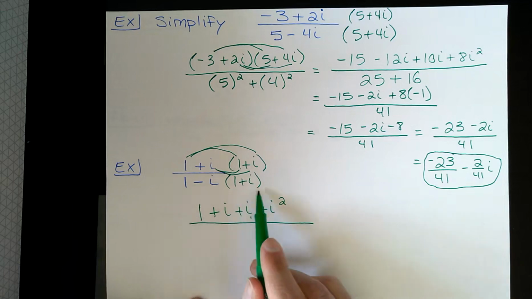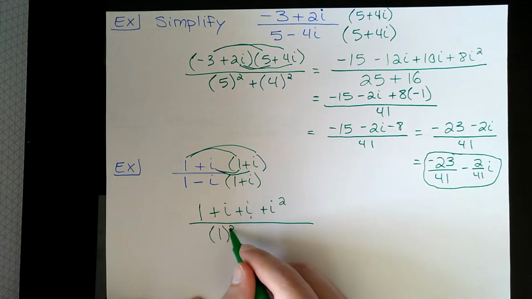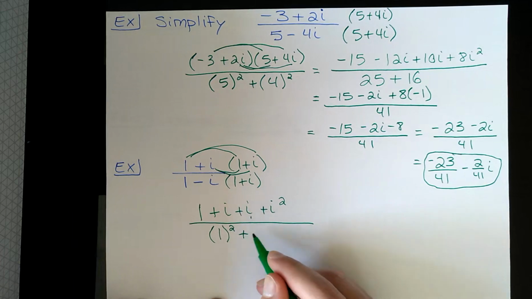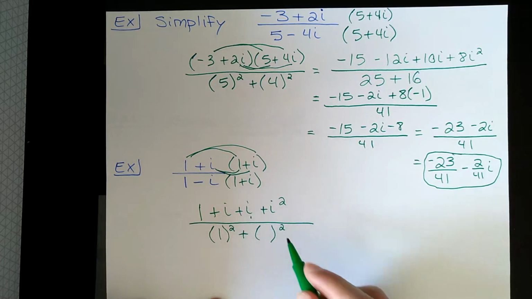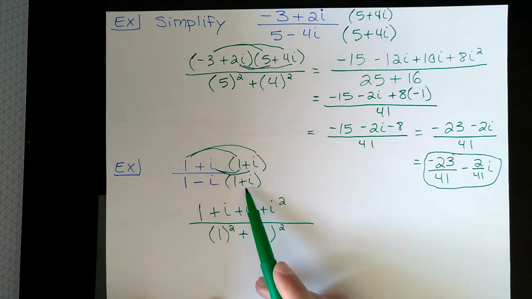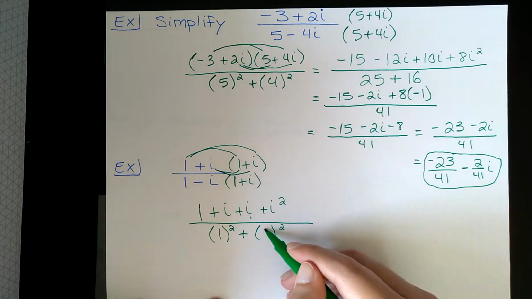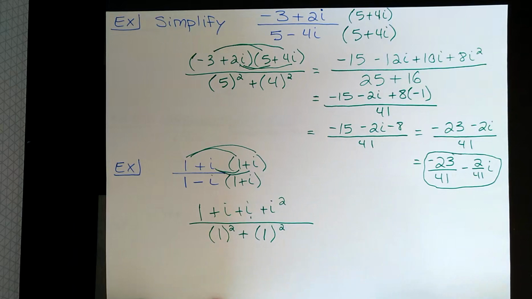Remember, when we multiply conjugates, we only take the real part, which is 1, and square it, and then we add the imaginary part squared. Well, what is the imaginary part? It's the number multiplied to our i, but notice there's nothing there, which means there's technically a 1 there.